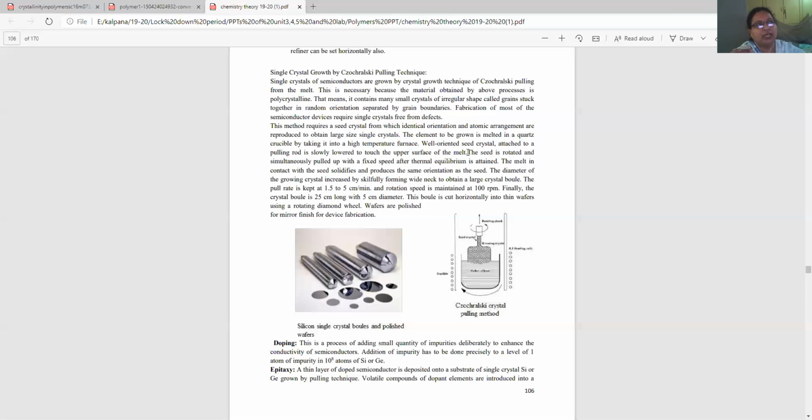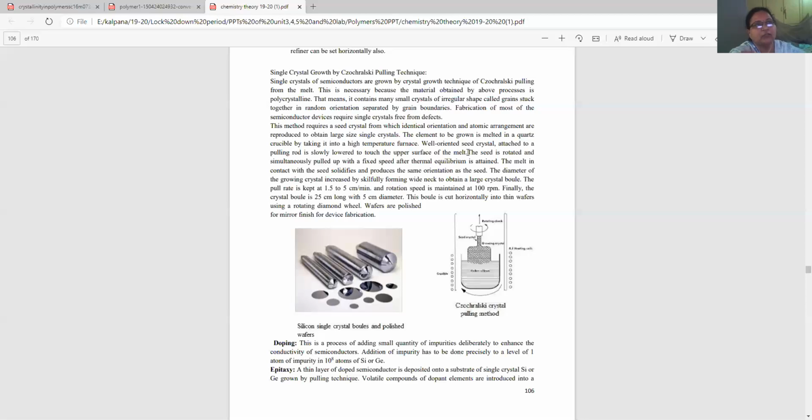The diameter of the growing crystal is increased by skillfully forming a wide neck to obtain a large crystal boule. The pull rate is kept at 1.5 to 5 centimeters per minute and the rotation speed is maintained at 100 rpm. Finally, the crystal boule is 5 centimeters in diameter.